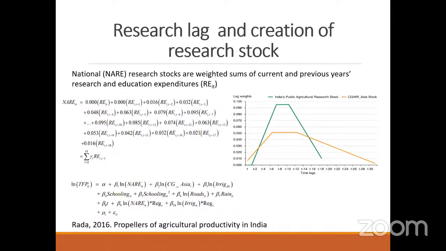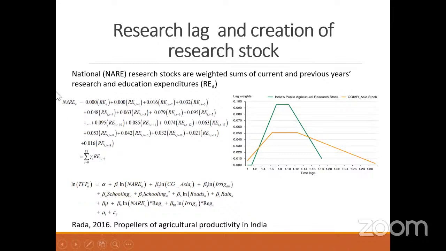He has taken these weights, like 0.00, 0.00, 0.16 to lastly 0.16, such that the summation will be 1, based on the assumption that each $1 invested in research expenditure will finally affect TFP by only 1 unit.